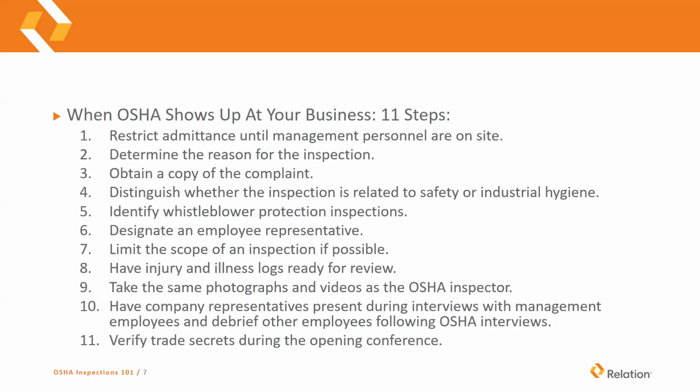Designate an employee representative. Limit the scope of the inspection if possible. Have injury and illness logs ready for review. Take the same photographs or videos. Have company representatives present during interviews with management. And we'll also talk about debriefing your employees after interviews, and verifying trade secrets during the opening and closing conference.